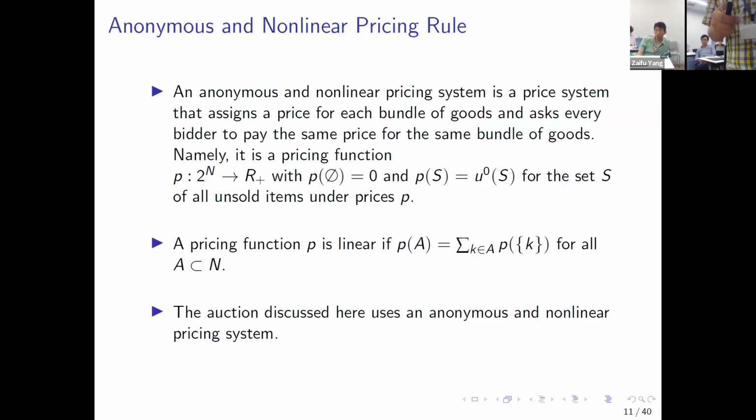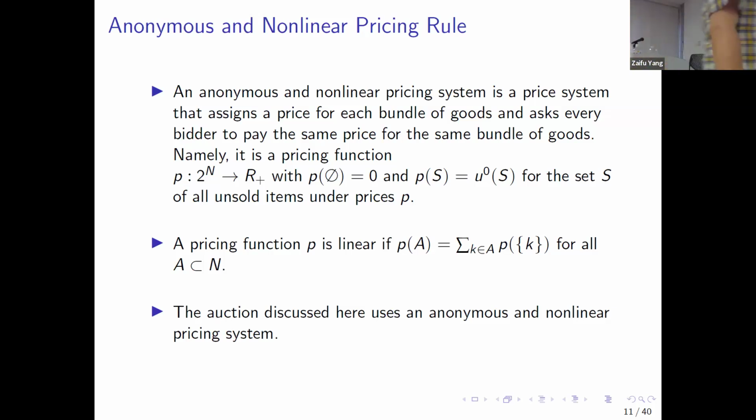So for any bundle, we give a price, and this price is the same for every agent. Then for any unsold atoms, the price should be equal to the reserve price of the bundle of the seller.